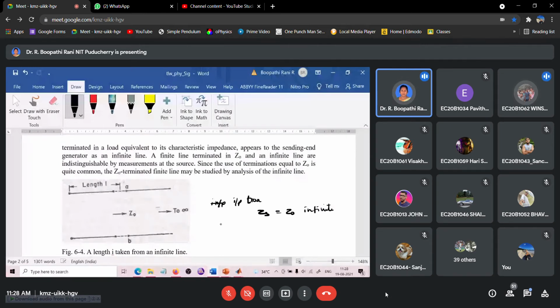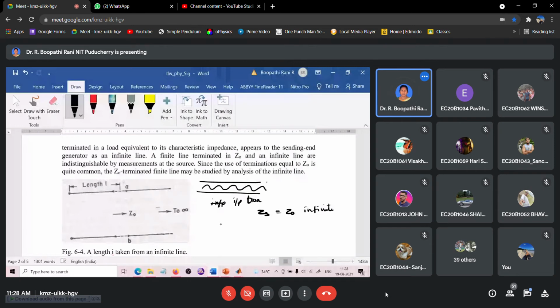And why do we want the infinite line? The signal is transmitted, but at the end there will be some reflections.